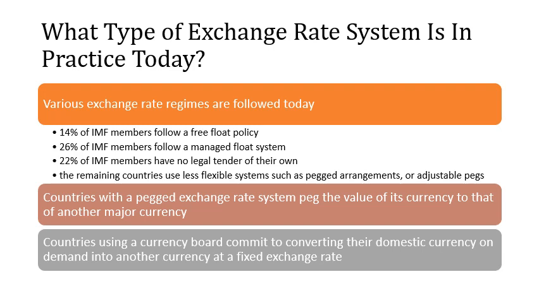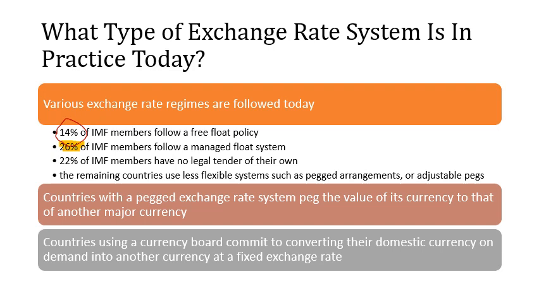Now, if you see, 14% of the IMF member countries follow free float policy. This indicates that it is in practice. However, 26% of IMF member states are following a managed float system.